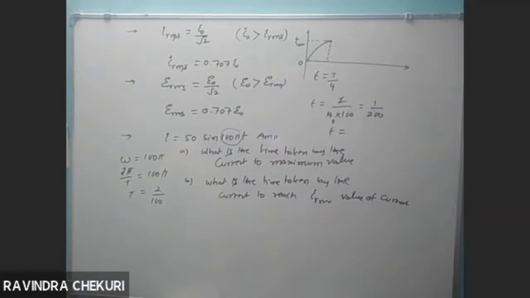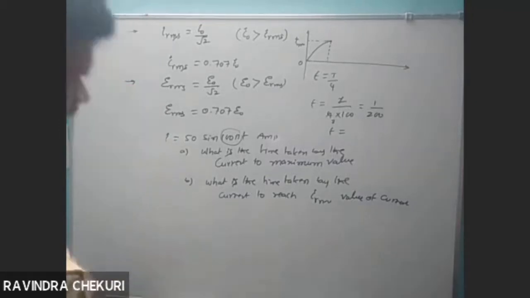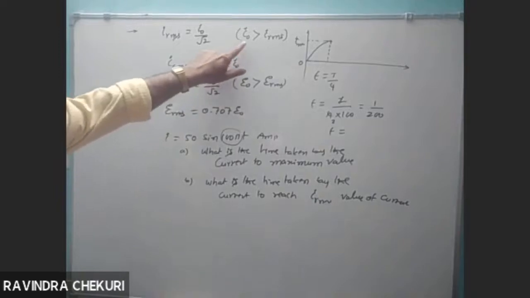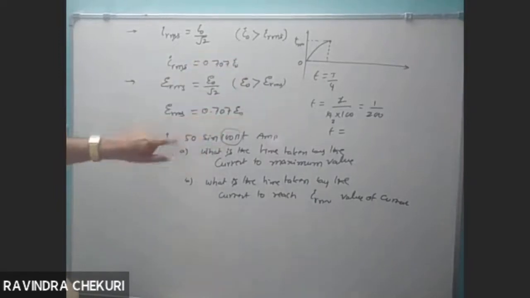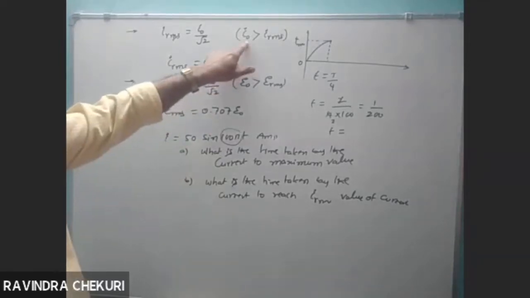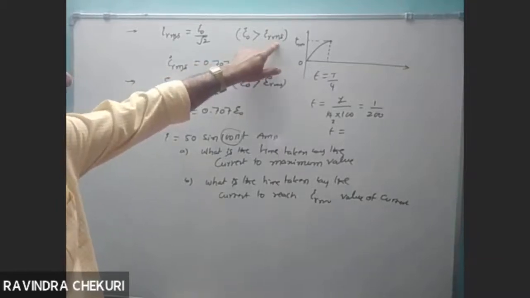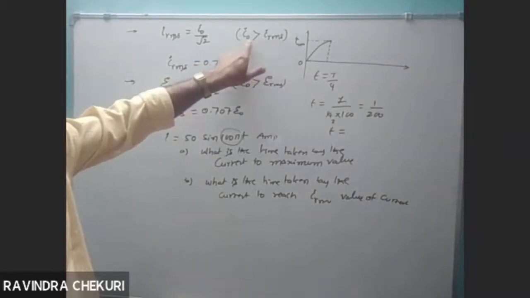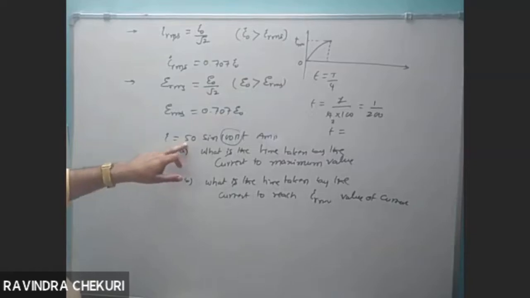Next, what is the time taken by the current to reach RMS value? Here the current decreases from maximum to a certain value. I naught is greater than I_RMS.